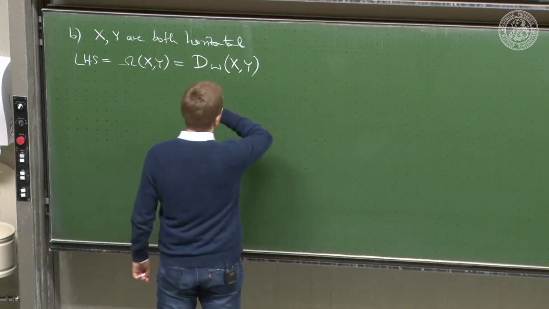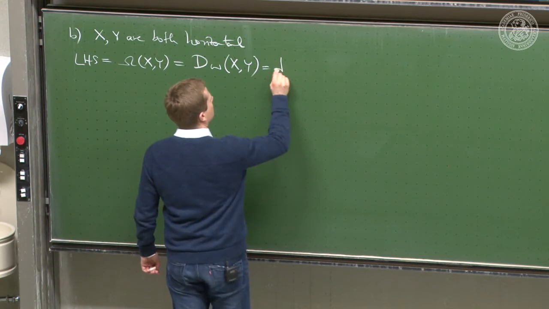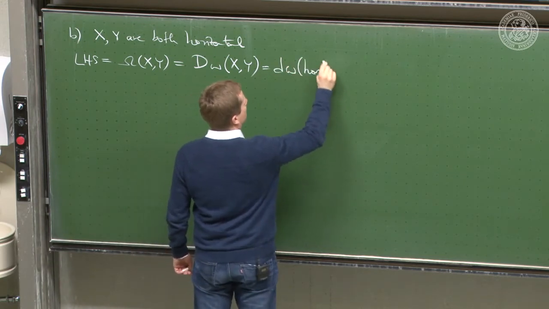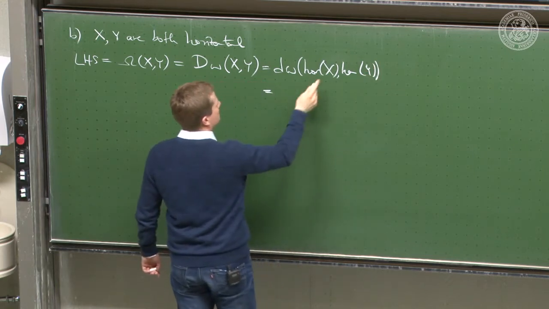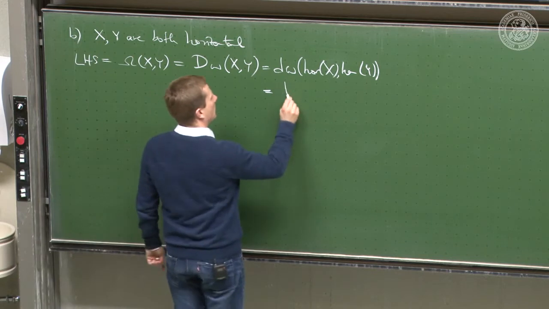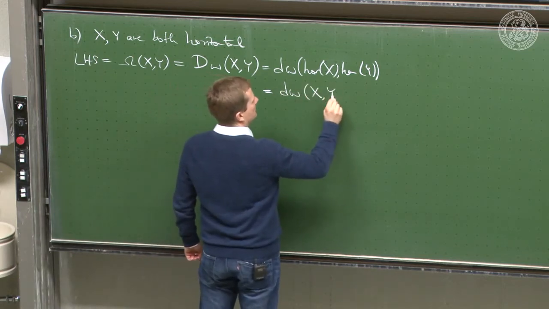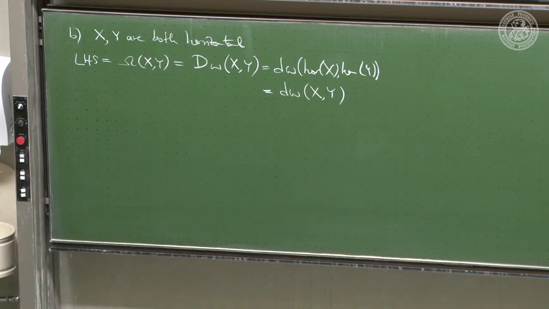And that is simply the little d omega of horizontal part of x, horizontal part of y. But of course, this horizontal projection has no further effect because x and y already are horizontal. So in this case, it's simply the standard exterior derivative.